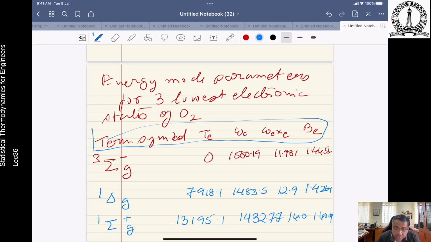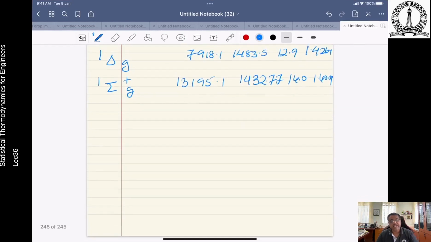You can write it also for alpha E, and you can also write it for D. These are all in centimeter inverse. It is in the wave number space, also centimeter inverse. So this is how you actually calculate the different things.